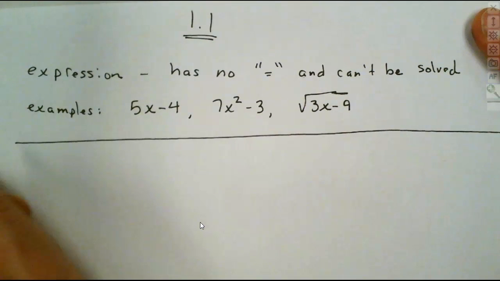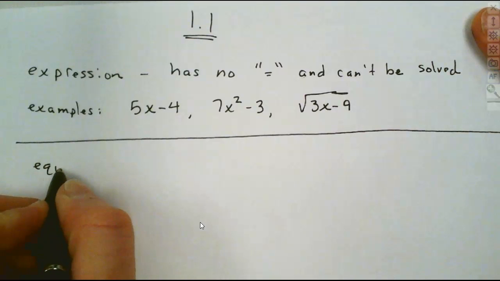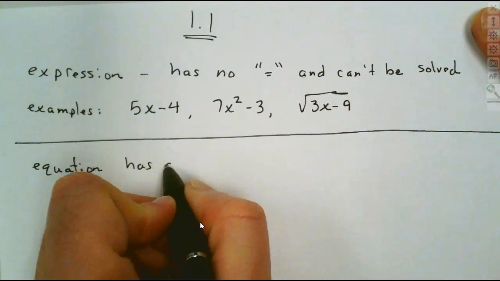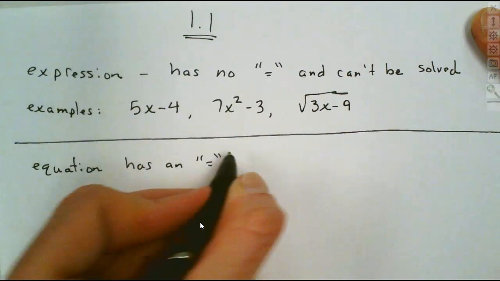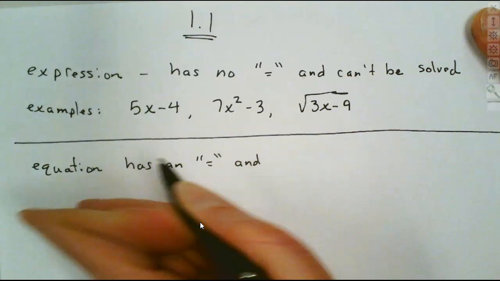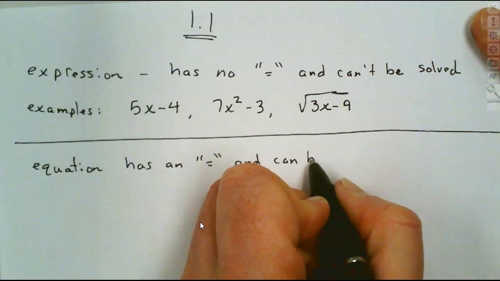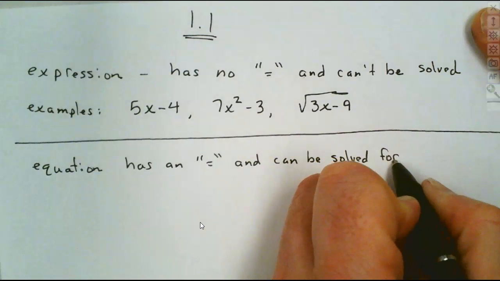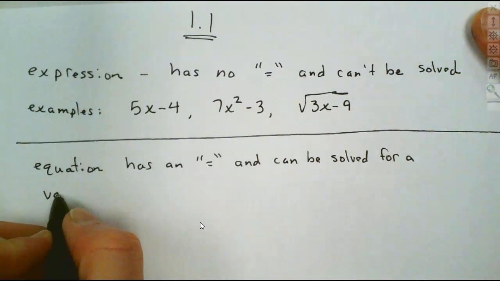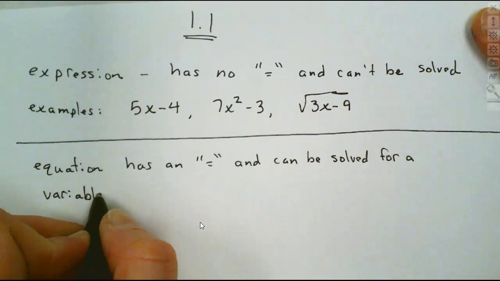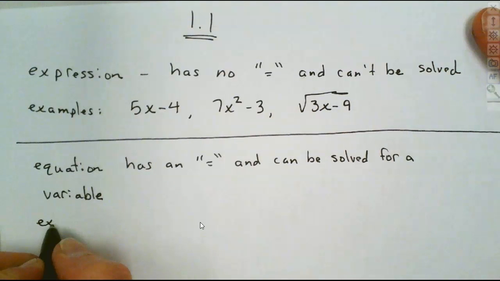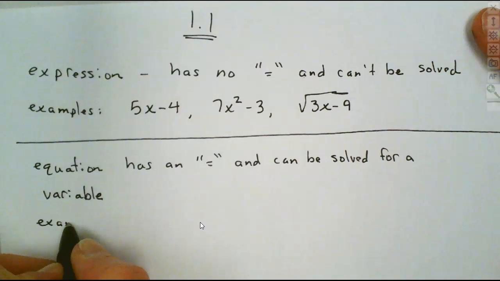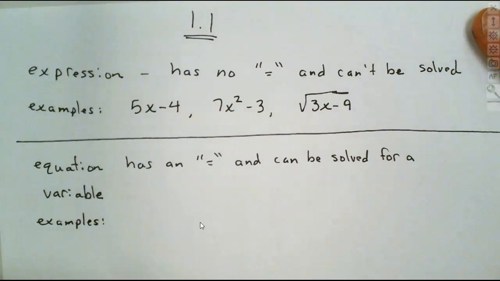On the other hand, an equation has an equal sign and can be solved for a variable. We should already be familiar with equations. So let's look at some examples.